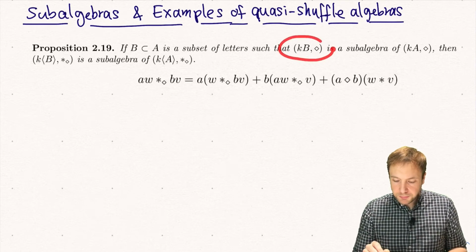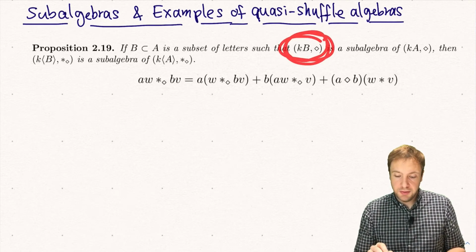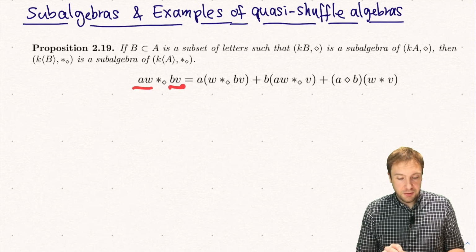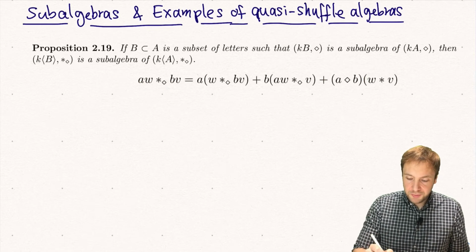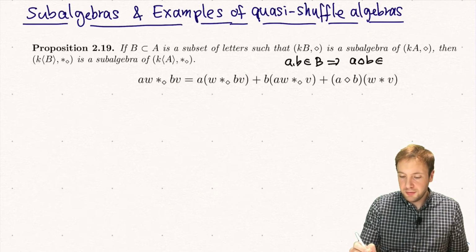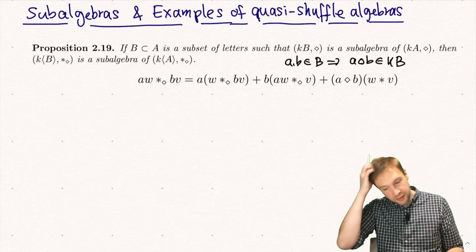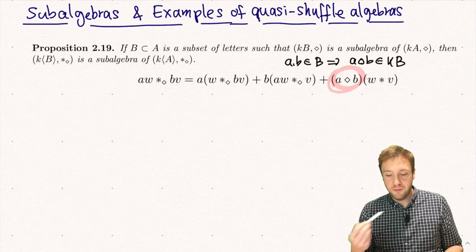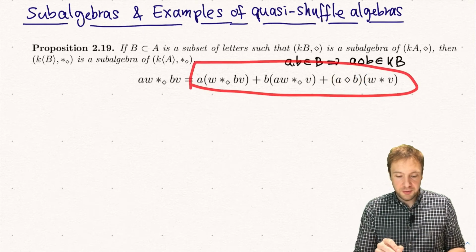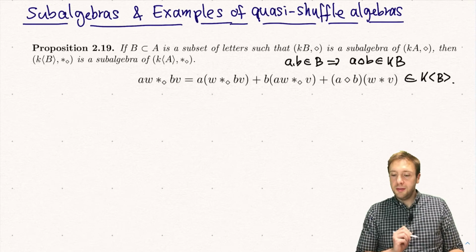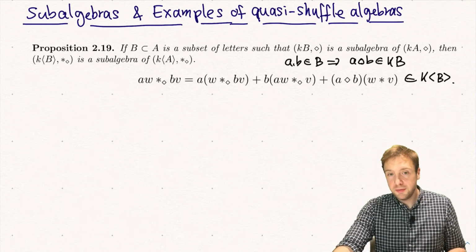So, assuming the space of letters in B is closed under this diamond product, and I now start with words in B, this in particular means that a and b are in B, and therefore, if a and b are in B, then also a diamond b is in the vector space generated by B. And therefore this is a linear combination of letters in B, and then the whole element, so the whole side here, is in the algebra of words in letters of B.